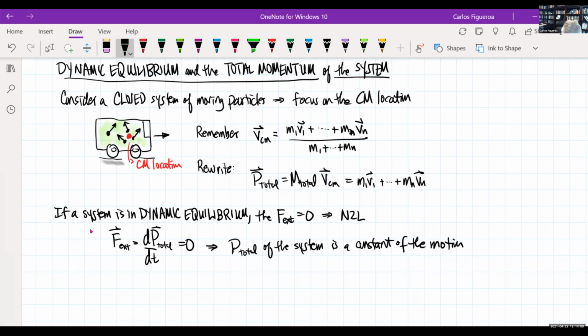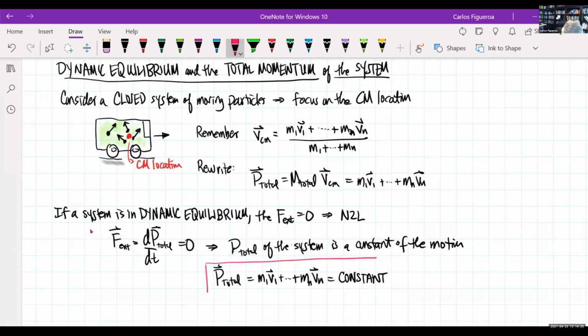In other words, P total, which is equal to M1 V1 plus however many particles you have, must be a constant. No matter what.